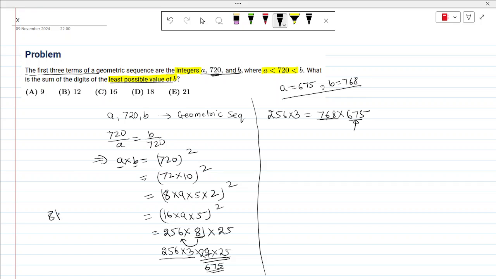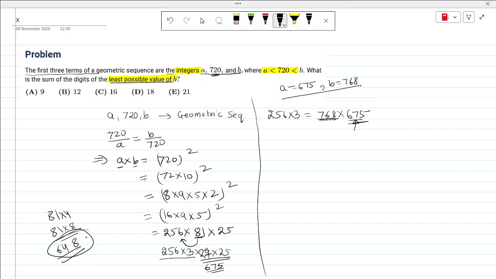If you multiply 81 by 8, it will become 648. So 648 is smaller than 675, so the other number will definitely be bigger than 768, so it will not work. Then if you take 81 multiply 16, that will be a very big number, so that will not work.